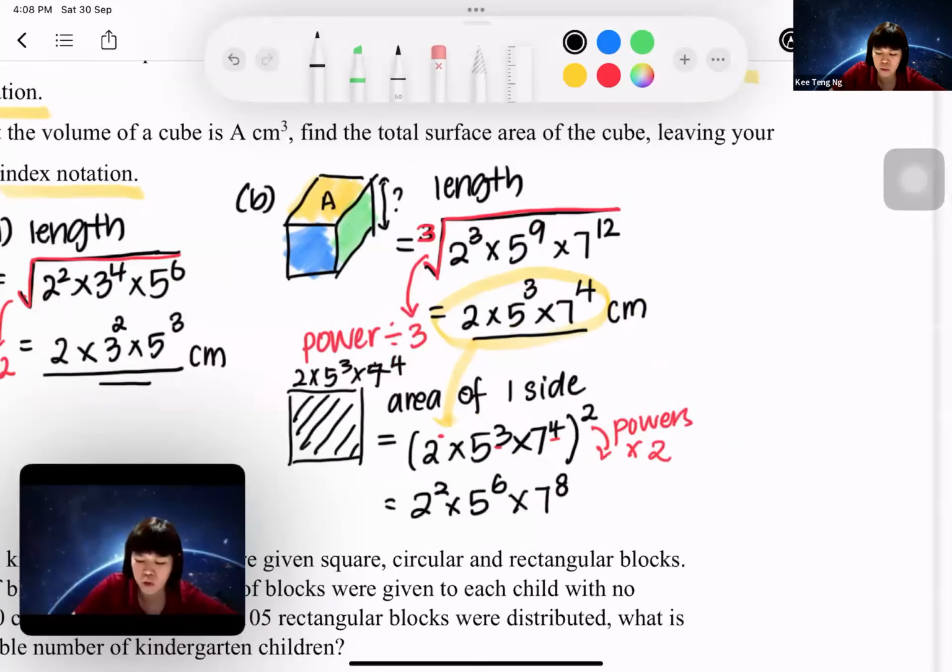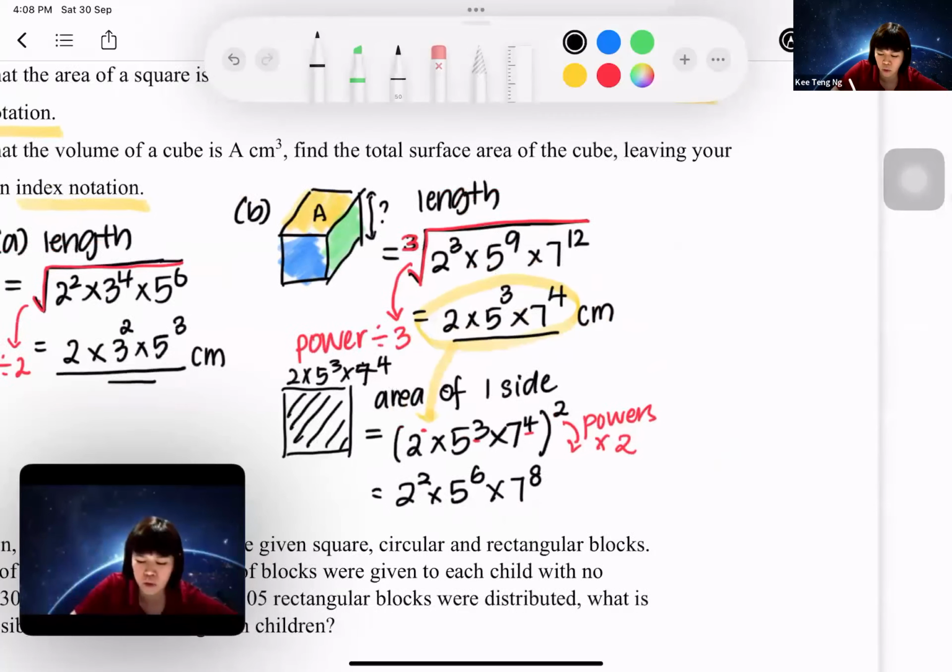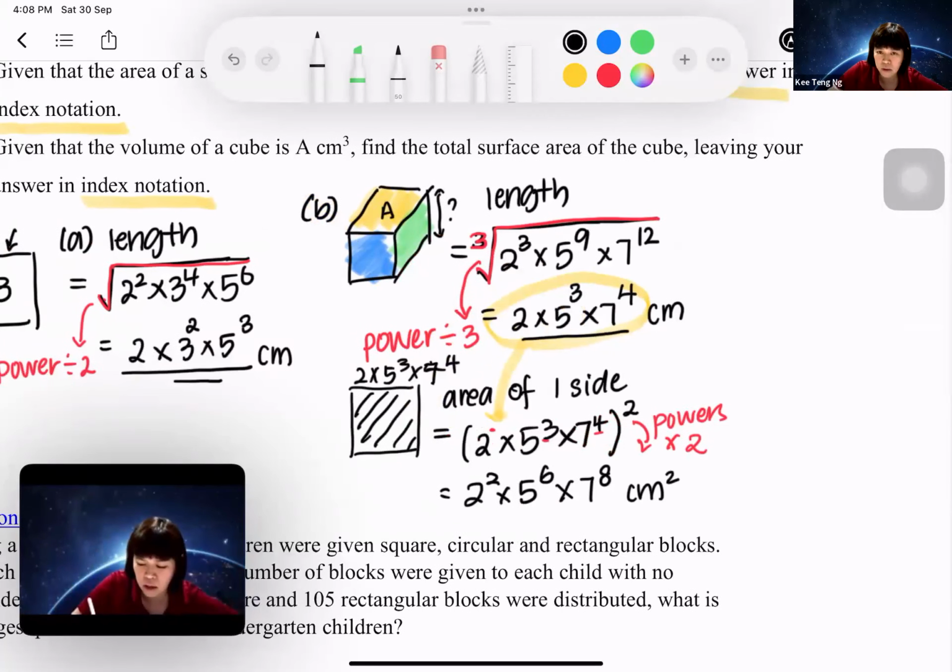So we take the area of this whole side here and multiply by 6. So the total area will be 2 squared times 5 to the 6 times 7 to the 8, times the number 6.